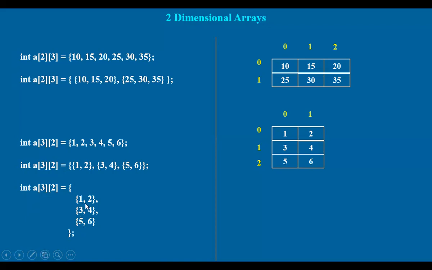There is nothing wrong, but to have a better picture and good clarity: here 1, 2 is the first row, then the second row elements, then the third row elements. Because we have 3 rows, all the 3 rows are clearly mentioned, so instead of assigning in a single row, if we put them in this order, it gives a very clear picture. So this is another way of declaring or assigning the arrays.